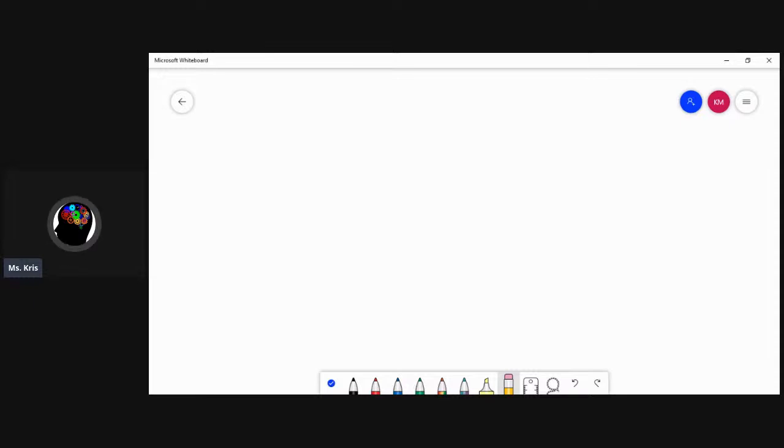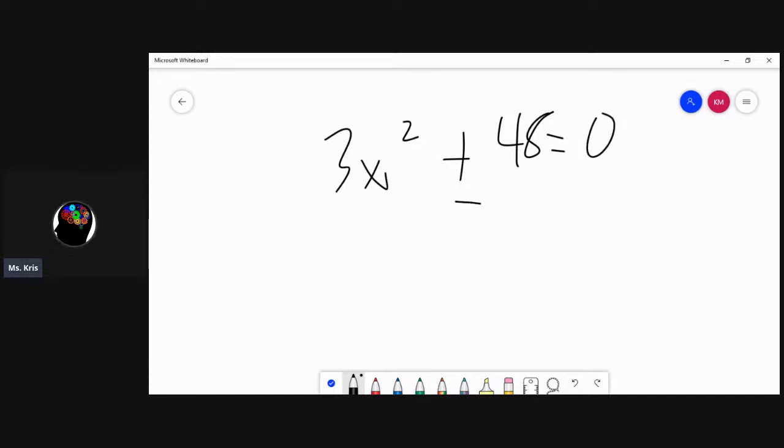Now, what if you have an equation with an imaginary solution? Here's how you solve this. Say for instance, you have 3x squared plus 48 equals 0.